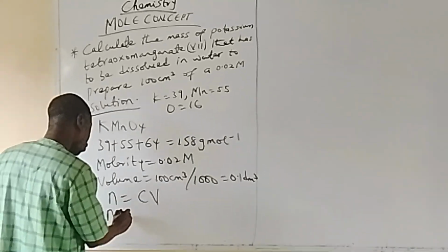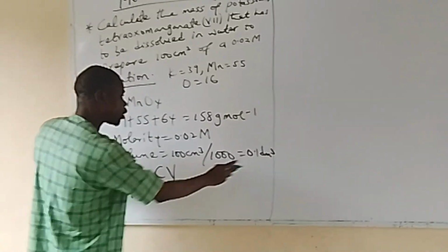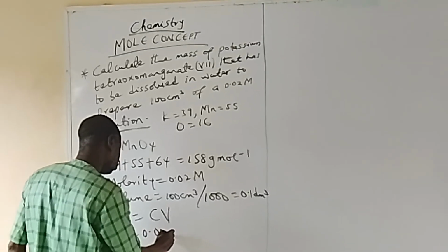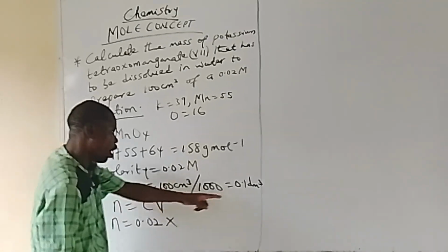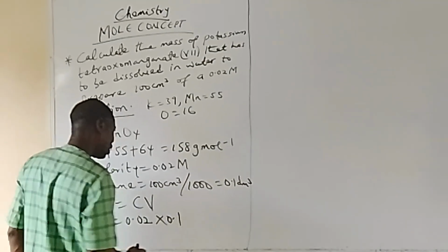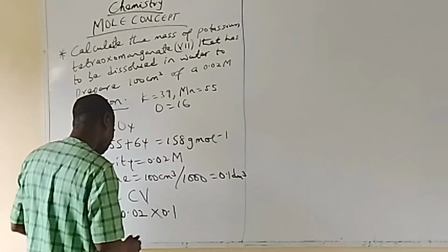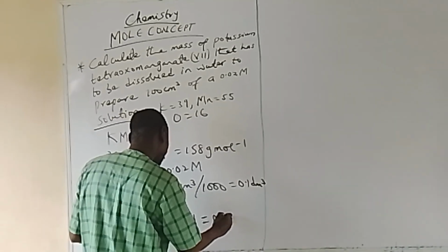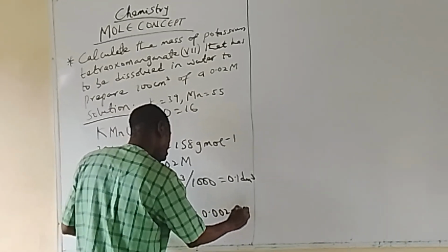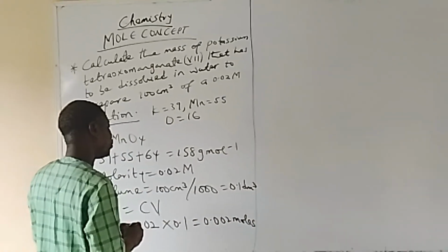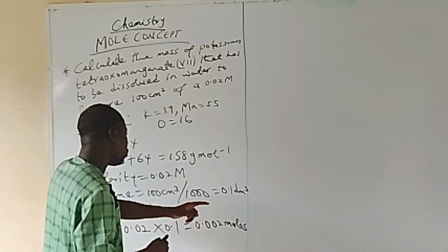The number of mole is equal to our molarity, 0.02, multiplied by the volume, which is 0.1 dm3. So when you compute this, the number of moles is 0.002 moles.